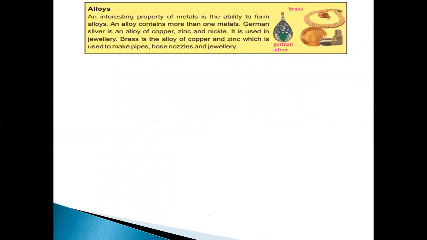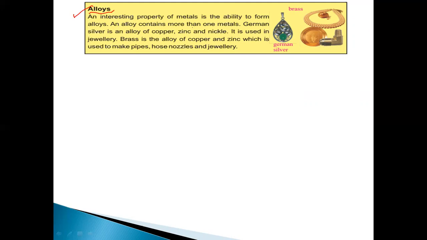Okay, the topic is the same, but there is another term, that is alloys. Alloys are actually a mixture of different metals. How? Because metals are solids, how can they be mixed with one another? Yes, with heat. This is the ability to form alloys.